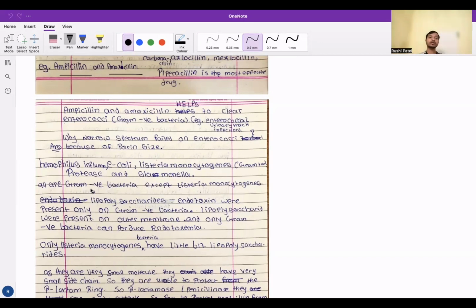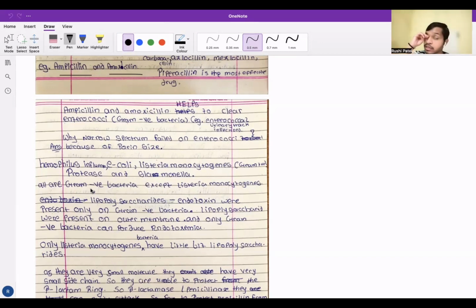All of these are gram-negative bacteria except Listeria monocytogenes.